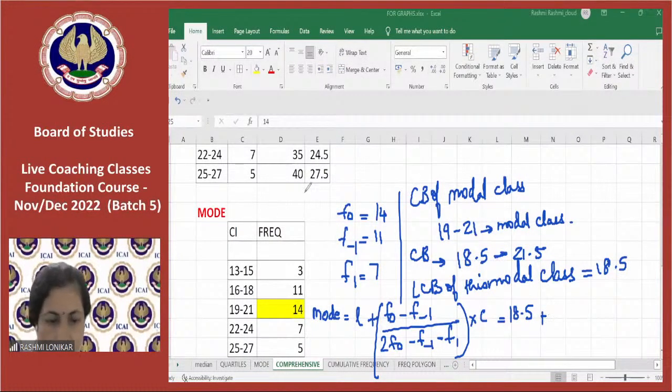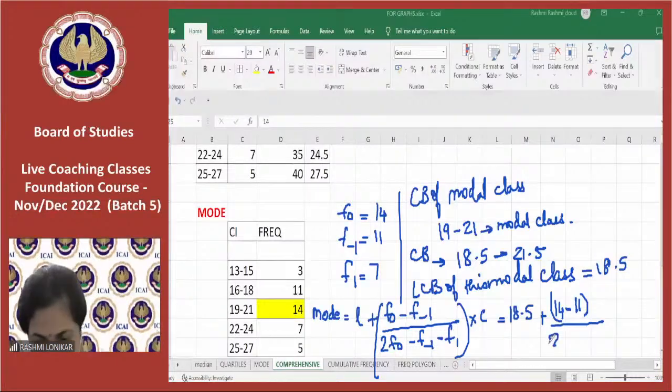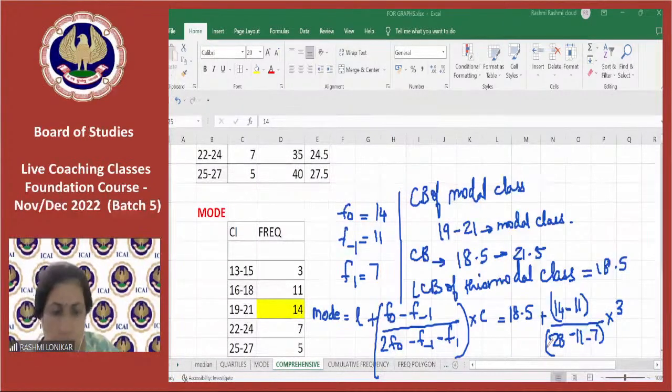Plus F0 is 14, minus F of minus 1 is 11, upon 2 times F0, 28, minus F of minus 1, 11, minus F of 1, 7, into C, which is 3. Okay. And then when I solve this, I get 19.4 as the answer.